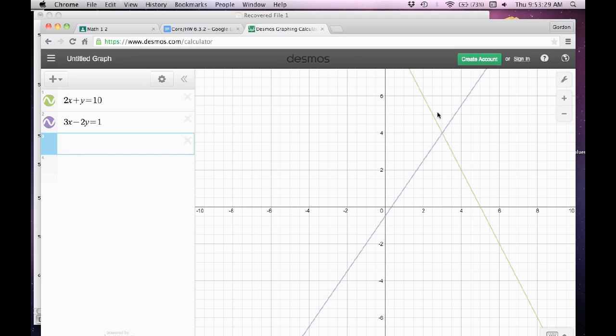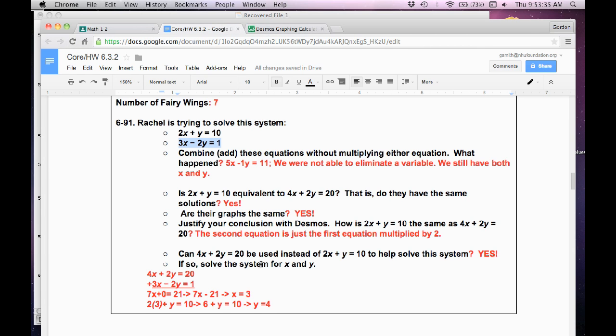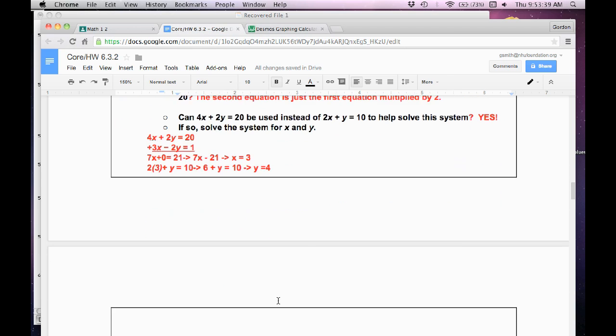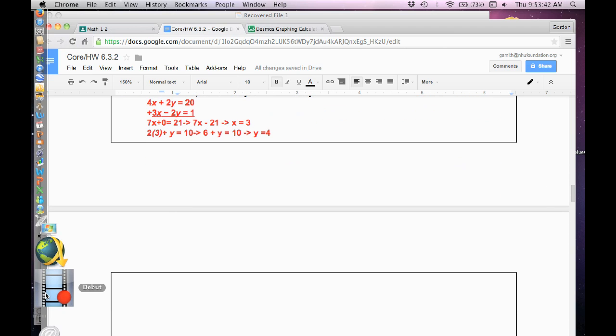Select, oh, there it is. And the solution is 3 comma 4. We got it. All right. Good job. Congratulations. And on to the next problem.